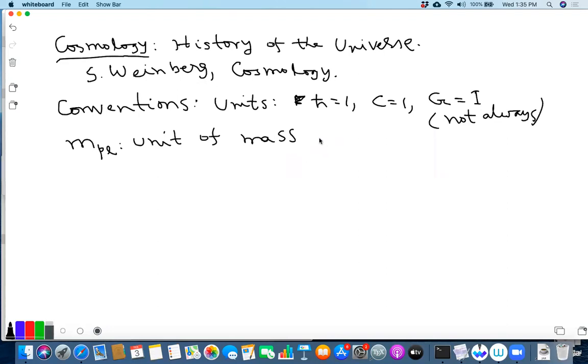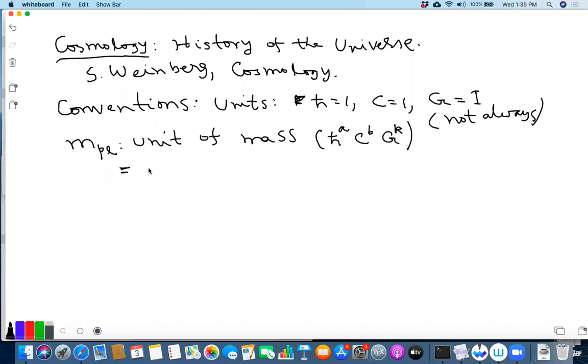We write m Planck as h bar to the a, c to the b, G to the k. Then we fix a, b, and k by saying that this should have the dimension of mass. That uniquely fixes a, b, and k. Then you can ask what is its actual value in terms of the units that you're familiar with, when you substitute the values of h bar, c, and G.